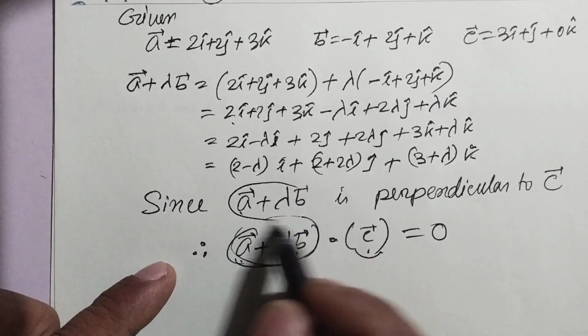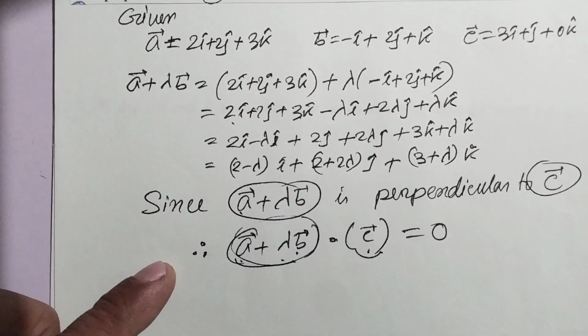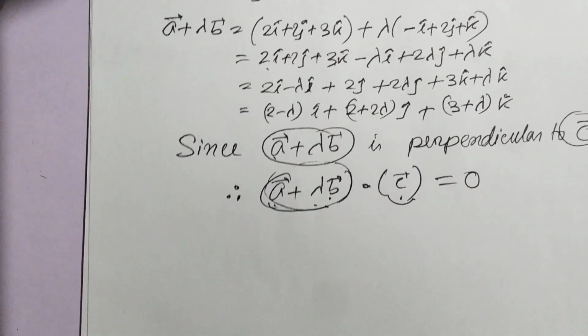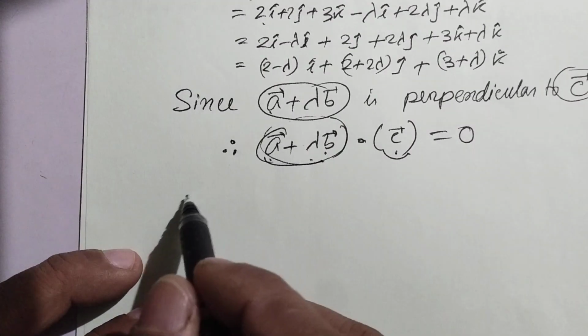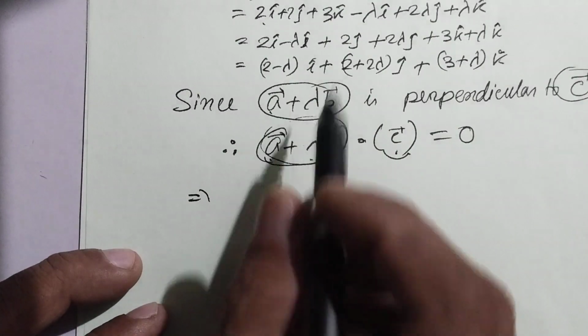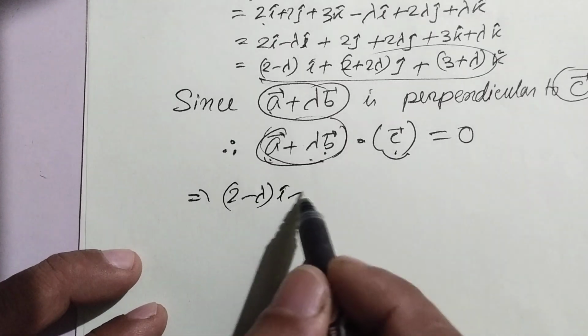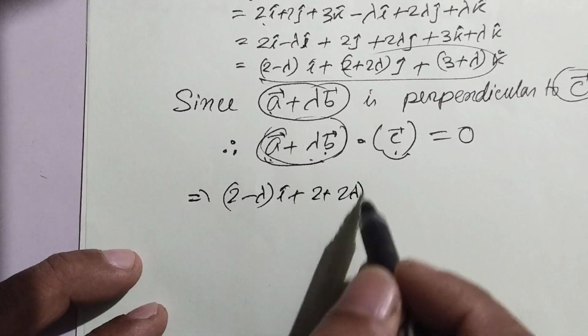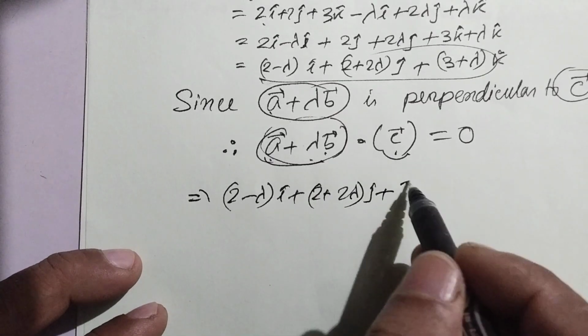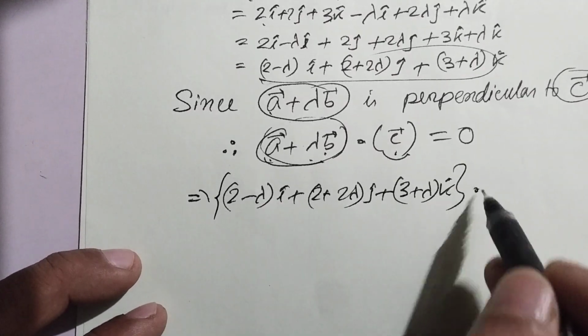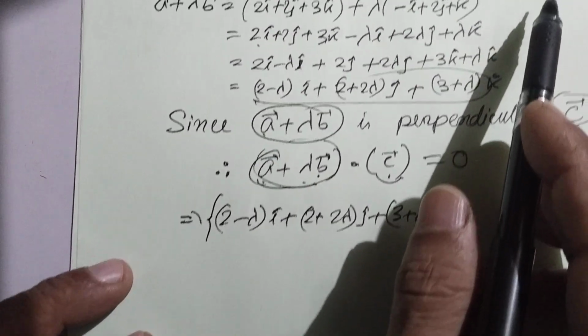Now a plus lambda b is perpendicular to c, so their dot product is 0, and we can now put the values. A plus lambda b I have got here. This is the vector a plus lambda b, (2 minus lambda) into i, (2 plus 2 lambda) into j, then (3 plus lambda) into k. And this vector dot with vector c is given here.